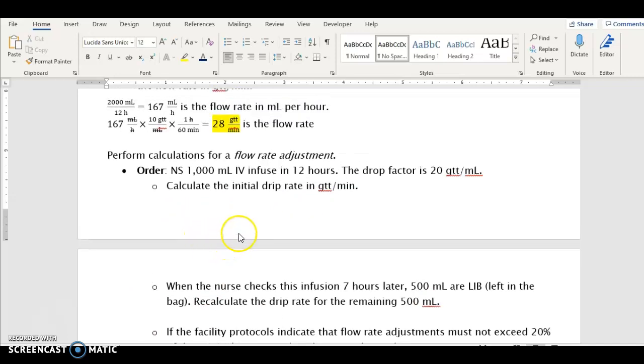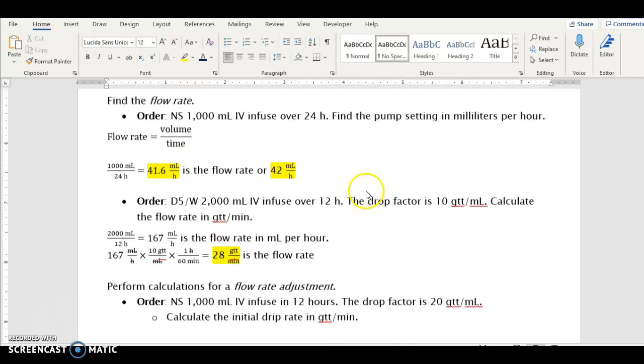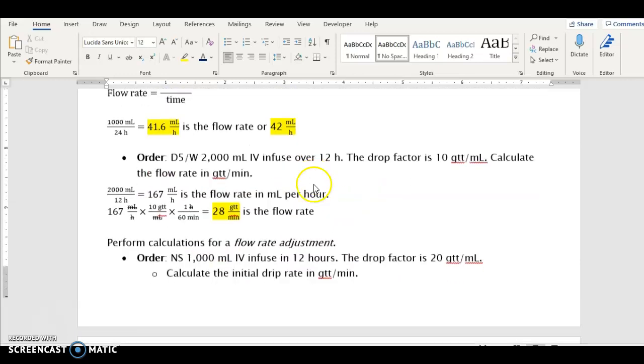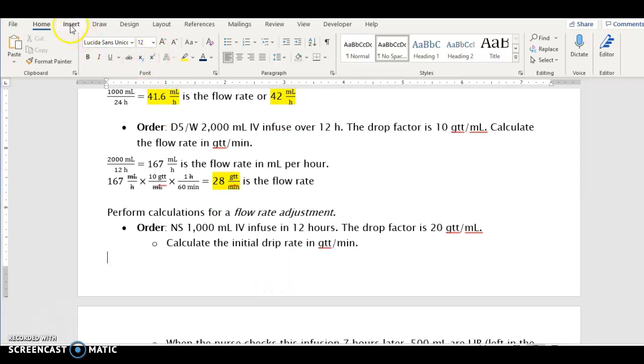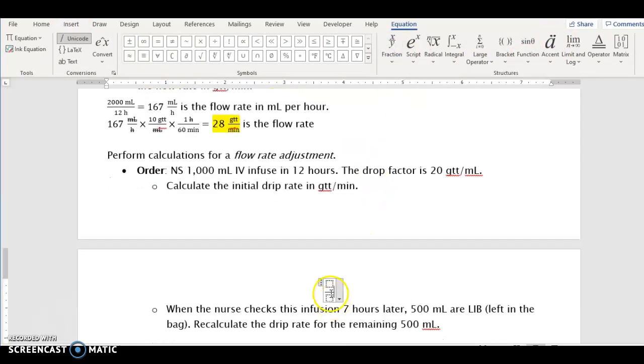We're going to perform a similar calculation to the one we did in the previous example to get the flow rate in drops per minute. Remember, flow rate is equal to the volume divided by time. Let's figure out the flow rate in milliliters per hour first. We have 1,000 milliliters of normal saline being infused via an IV over a 12-hour period.